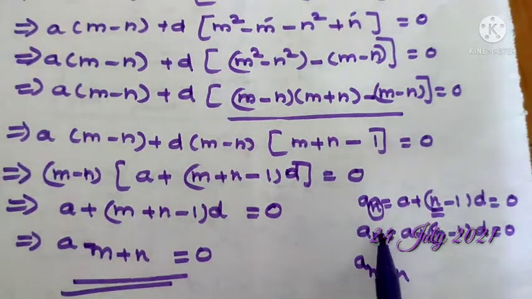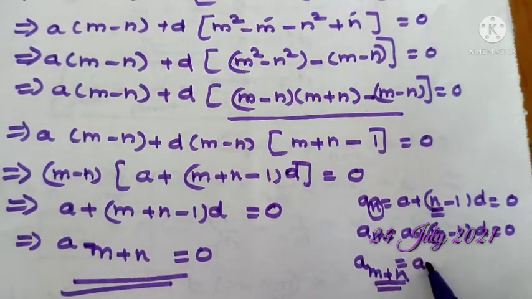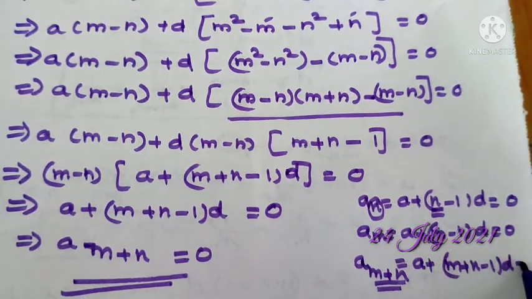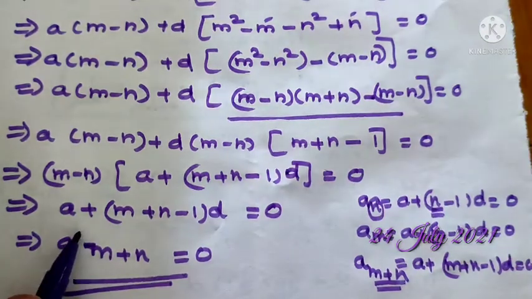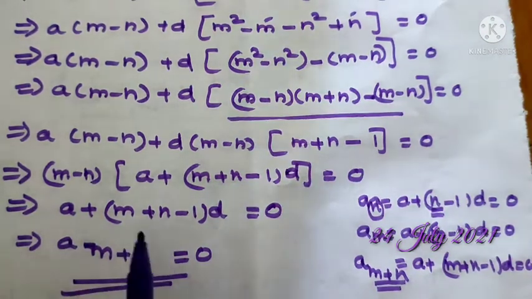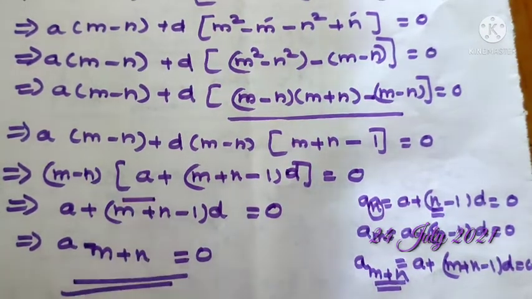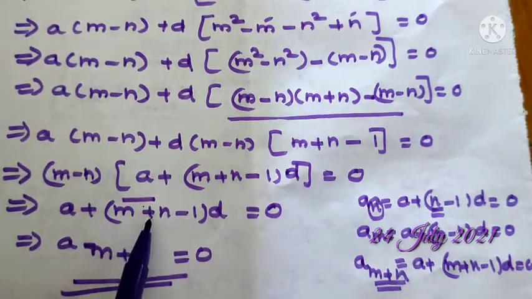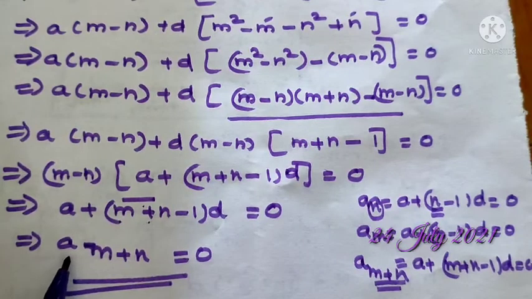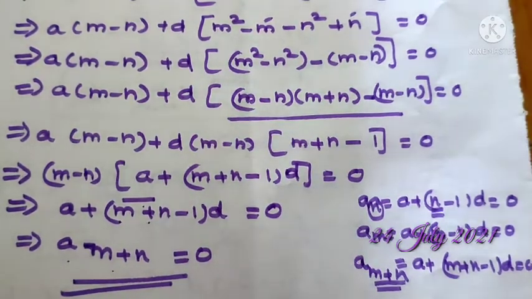So instead of m and n, it is m plus n here. So what is the general term using the formula? a + (m + n - 1) into d. So see that a + (m + n - 1). Instead of n, we got m plus n. That is why we have written a_(m+n) equal to 0, which is required to prove.